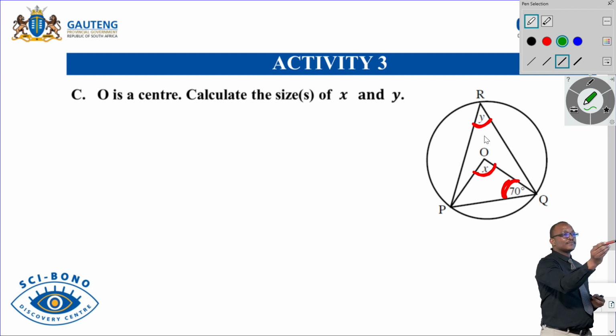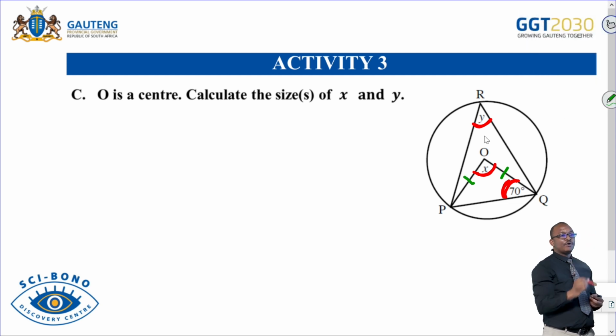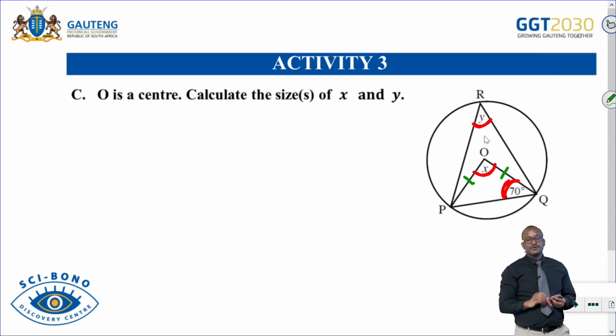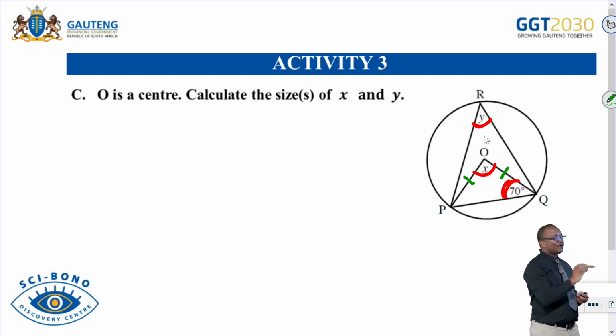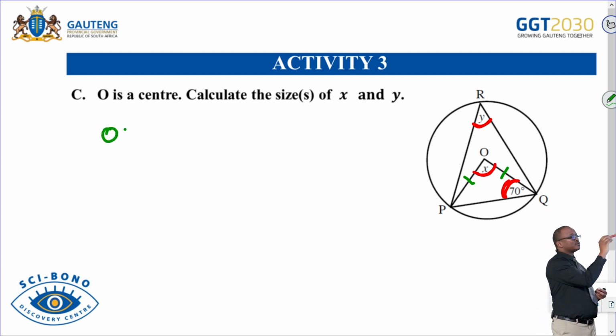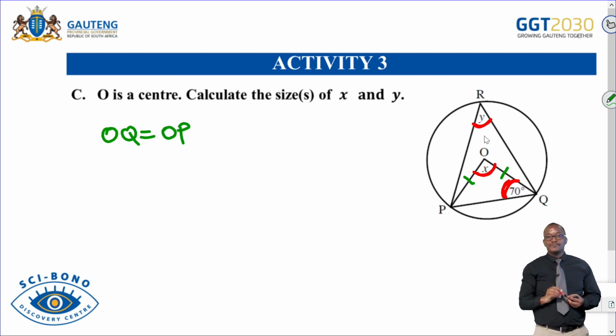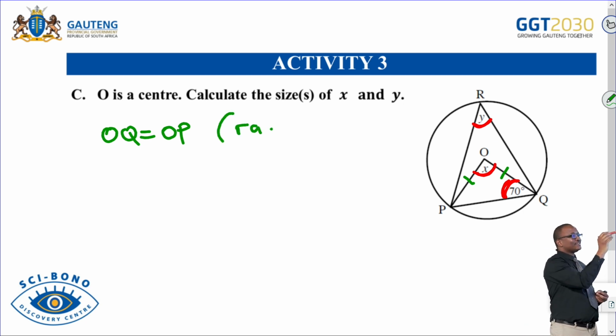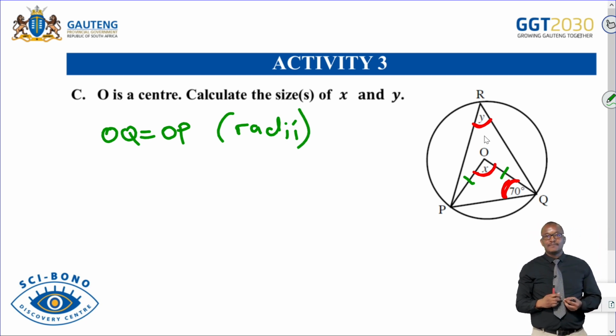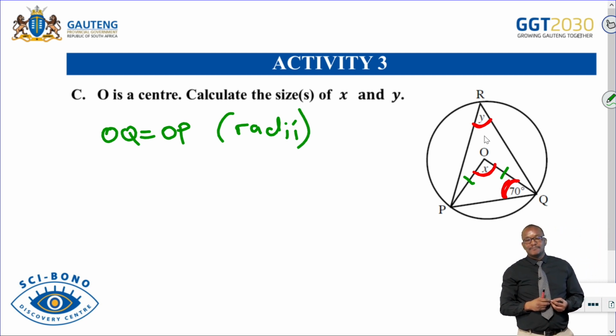I know that your OQ and OP are equal. OQ is equal to OP. You know that they are equal because they are both radius. Then the reason for that, you will say, is radii. Both radius, radii is the correct reason to give there.